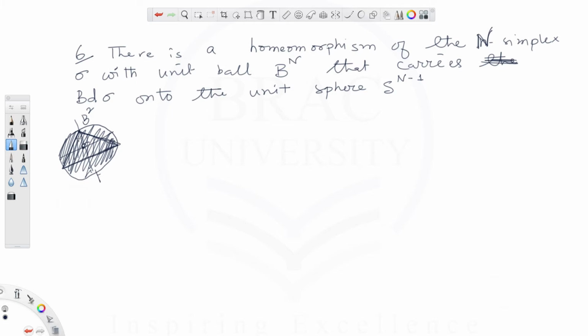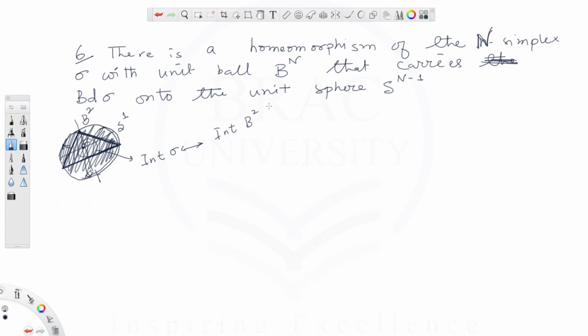Under this homeomorphism, the boundary of this triangular region is carried to the boundary of the two ball, which is the unit circle S1. And the interior of this triangular region, the interior of sigma, is carried to the interior of this two disk. All right, that's enough.